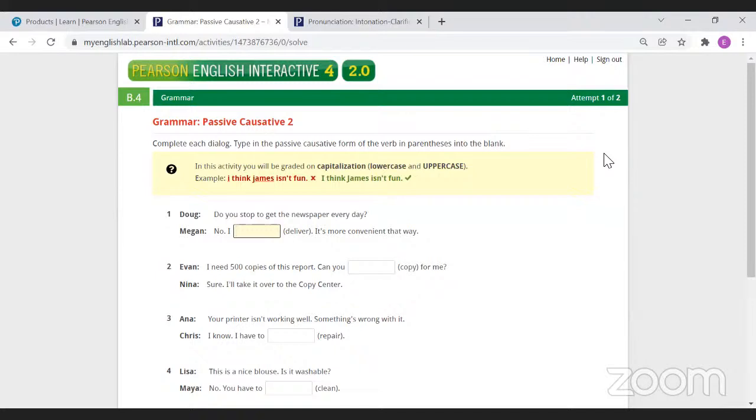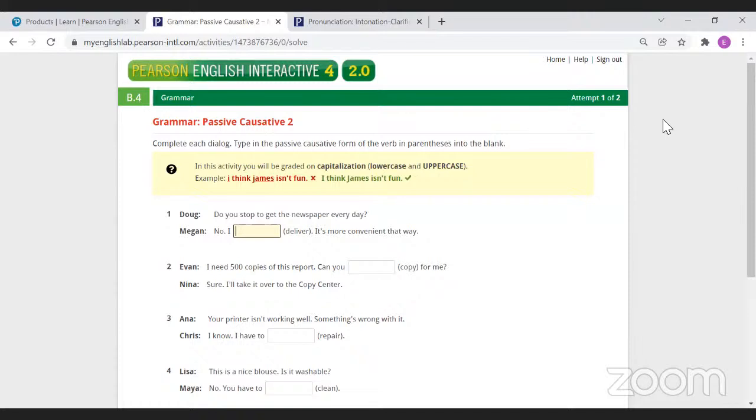In this case, for example, Eunice, you have the verbs in parentheses, but you have to identify. Of course, you're going to follow the structures, but for example, you have to identify the object. In the first question, what is the object that we're talking about?